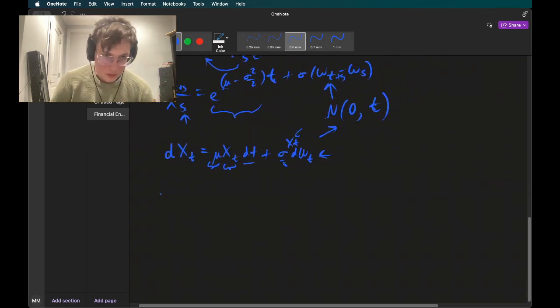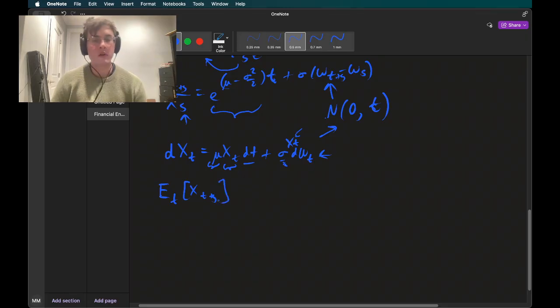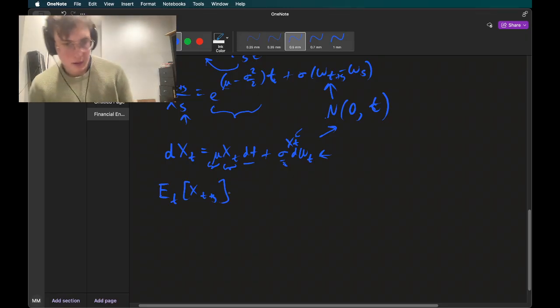Now let's calculate the expectation at time t of X_{t+s}. Why are we doing this? We want to understand how much we expect X_{t+s} to grow given that we are at time t.